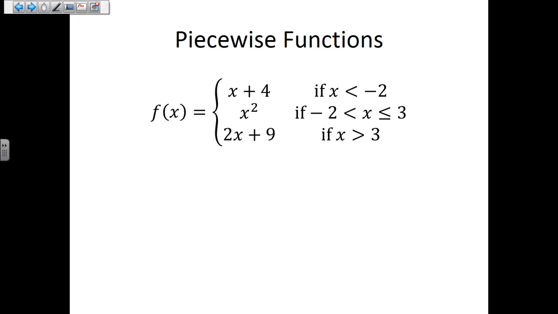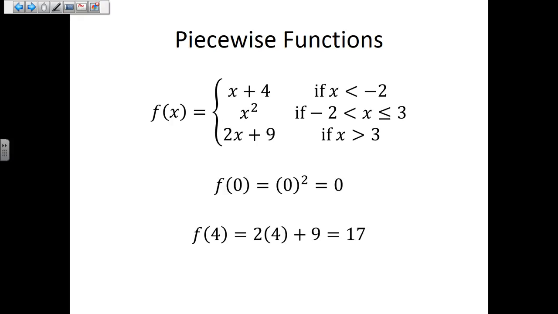Now the important thing is just pay attention to which rule I use based on what I'm plugging in. So we're going to go ahead, use this piecewise function and figure out what f of 0 is and what f of 4 is. Now this is only two numbers. We're at most going to use two different rules here. To find out what f of 0 is, well, 0 is between negative 2 and 3, so I'm going to use that middle rule.